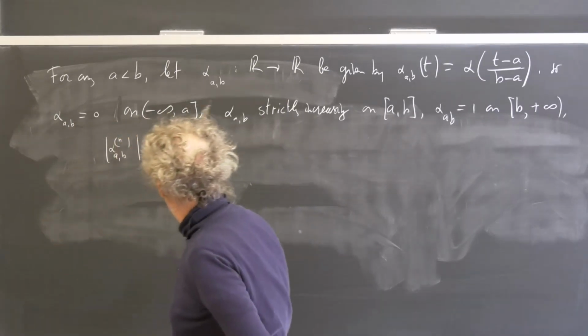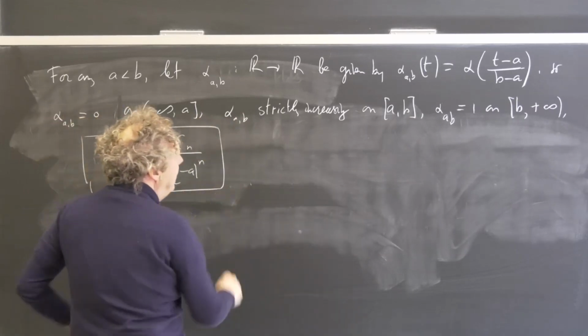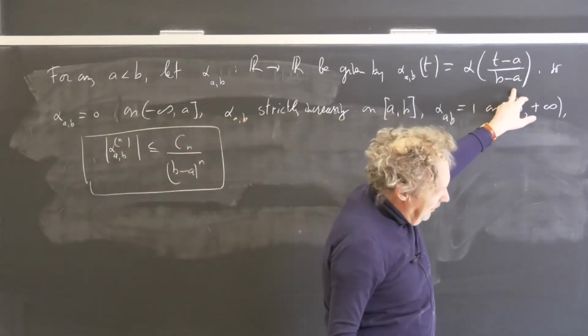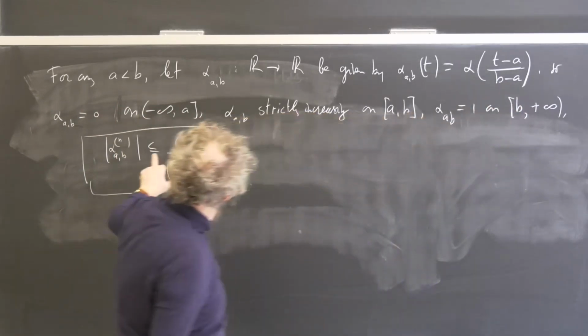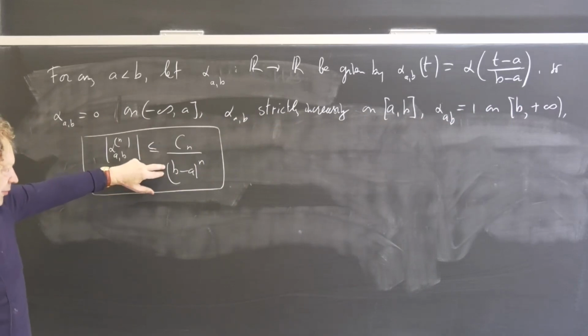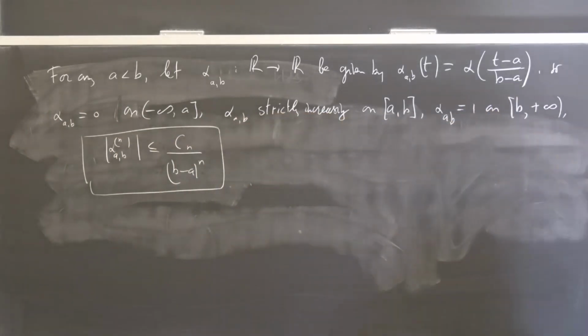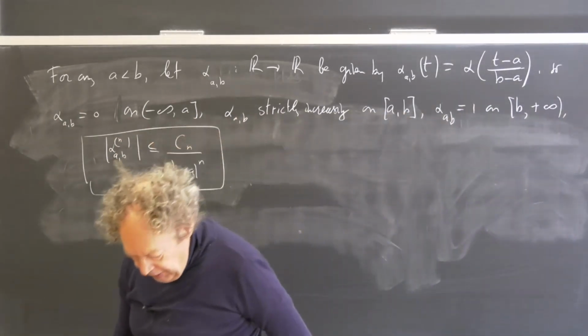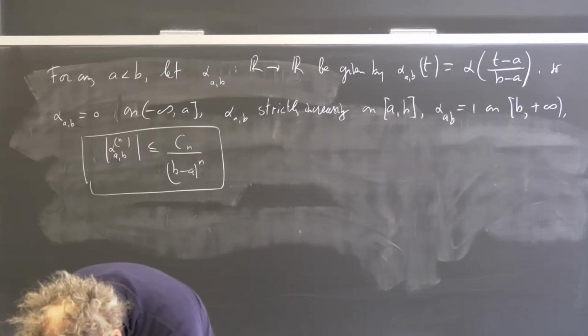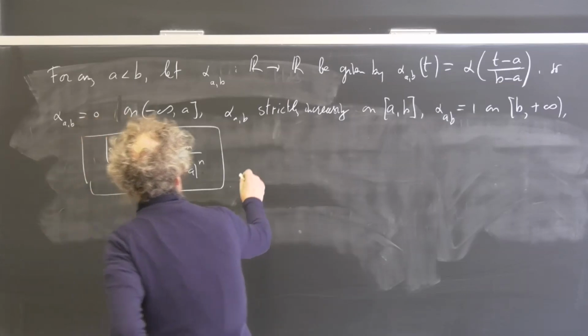In other words, if b is far away from a, then these nth derivatives can become small. You can make this as small as possible by taking b sufficiently bigger than a. That will be a useful thing to do. Okay, so now let H be a Hardy field.